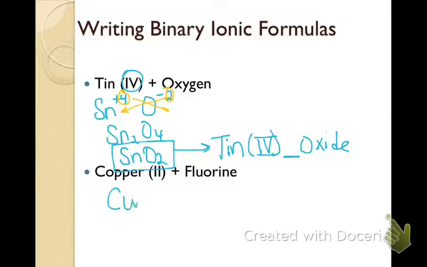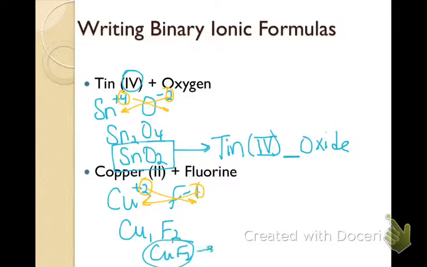So copper, Cu plus 2, fluorine is -1, and we can transfer the numbers down. So it's Cu1F2, or just CuF2. And then let's go ahead and write this. So it's copper(II) fluoride, because the Roman numeral tells you exactly what the charge is.